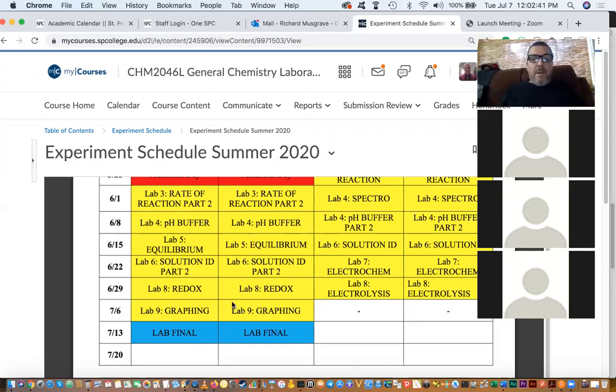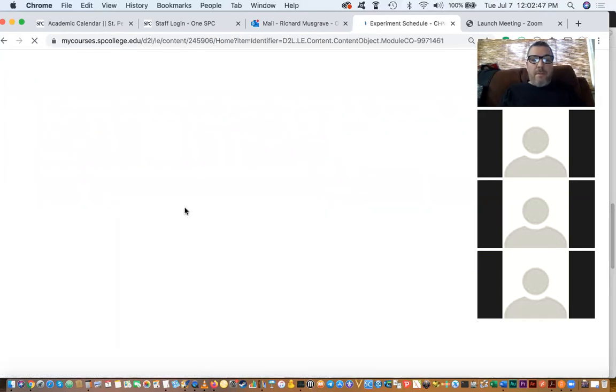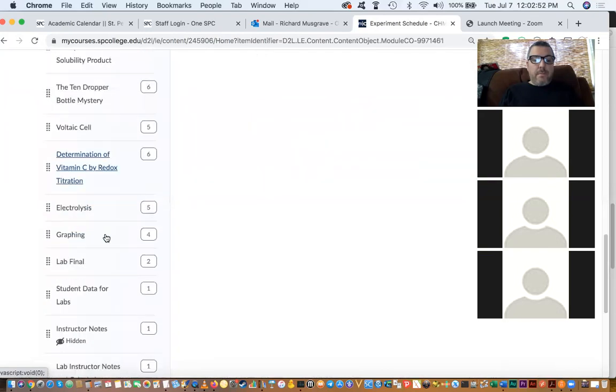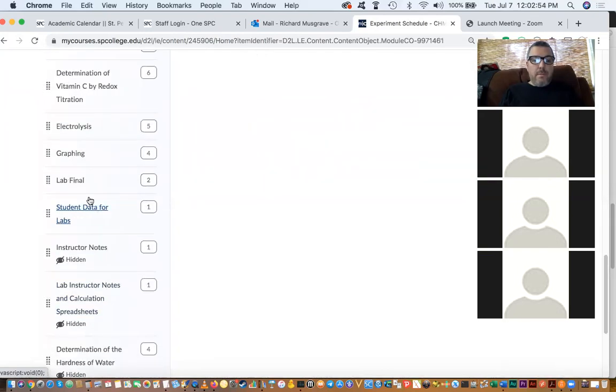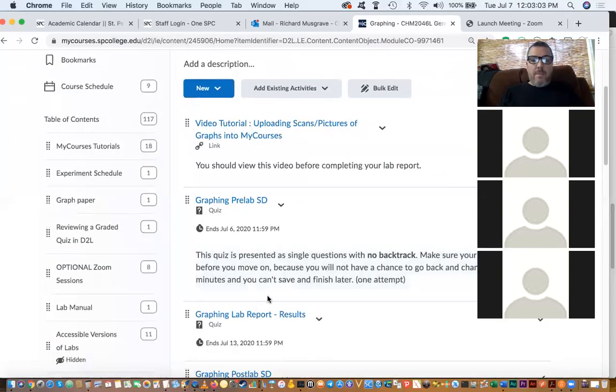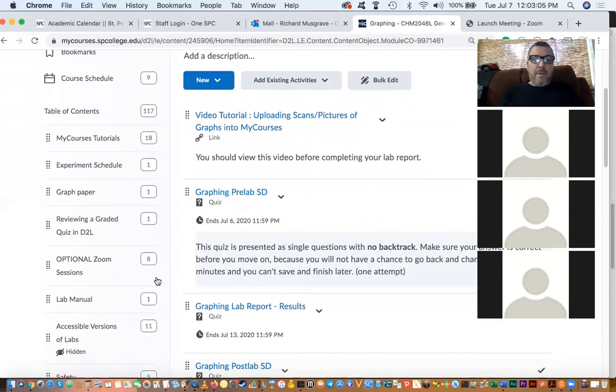So I was going to spend a little bit of time with the graphing just to get you in the right frame of mind for that. Now, all the information you need for the graphing is in the lab manual.